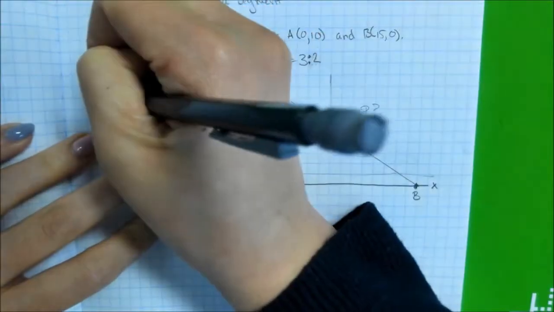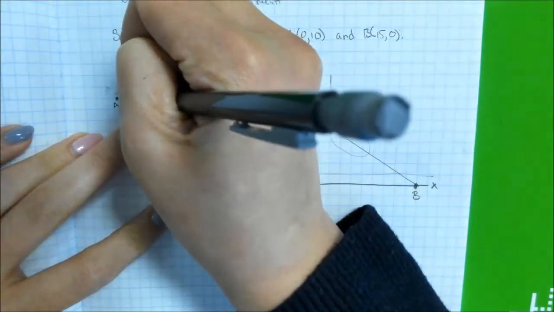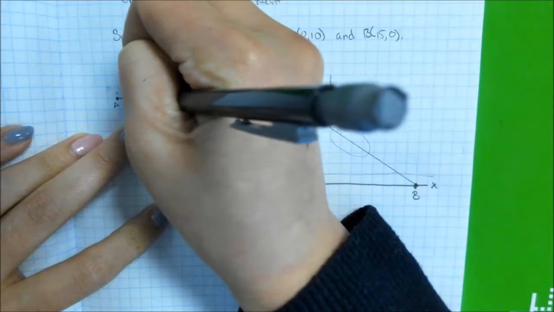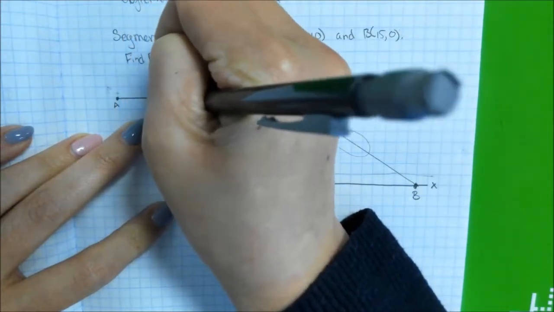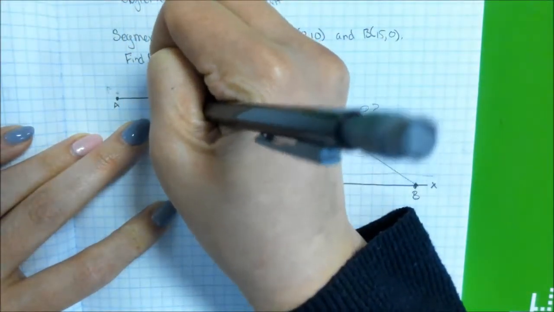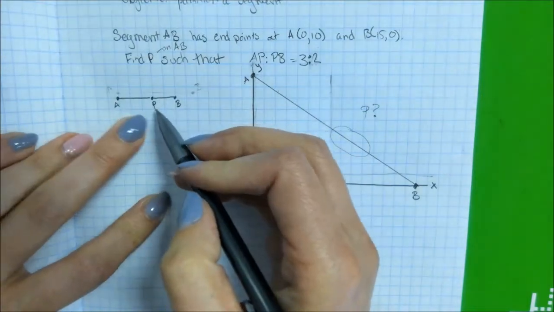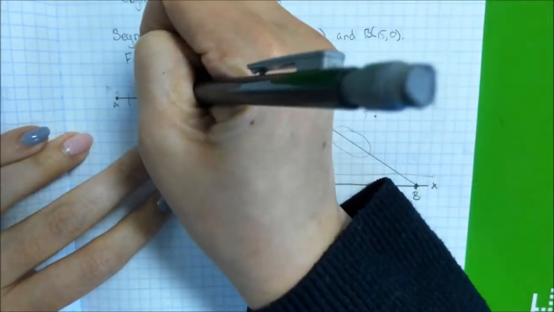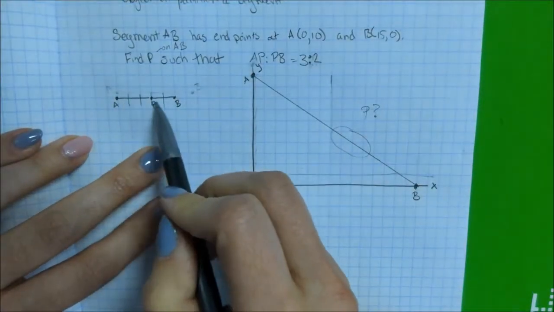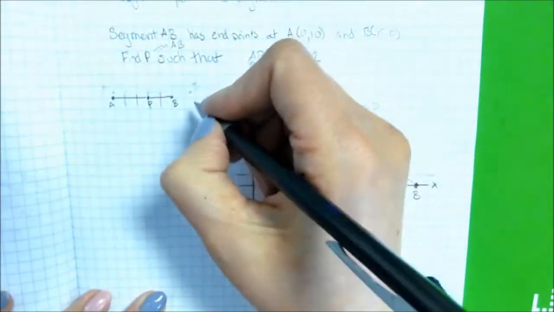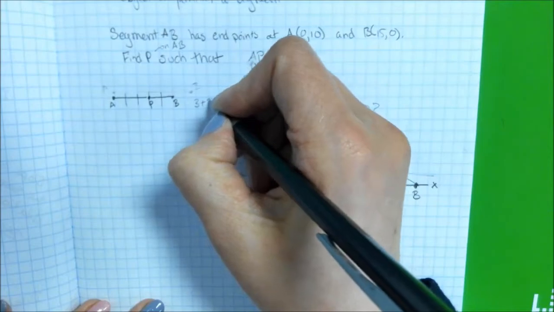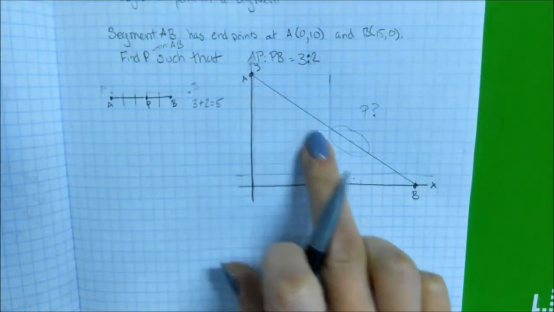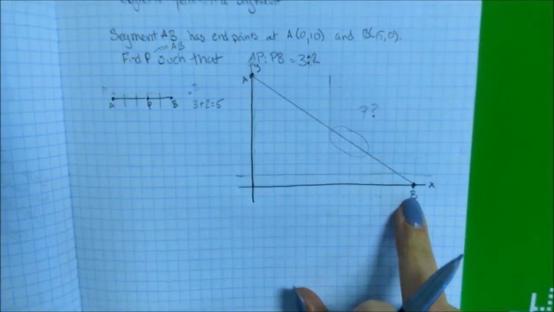So I want A to P to kind of be like 3, and P to B to kind of be like 2. So this is 3 parts to 2 parts. So essentially I want to divide up the line into 5 equal parts. And I'm getting that 5 by doing 3 plus 2. Okay, so I want to divide up this line into 5 equal parts.